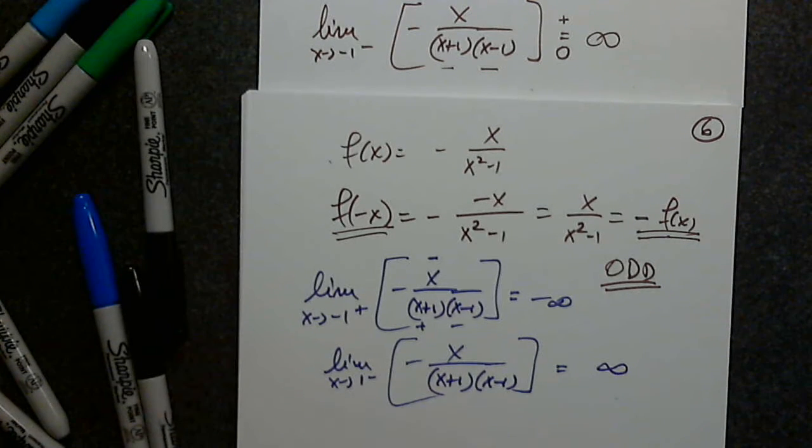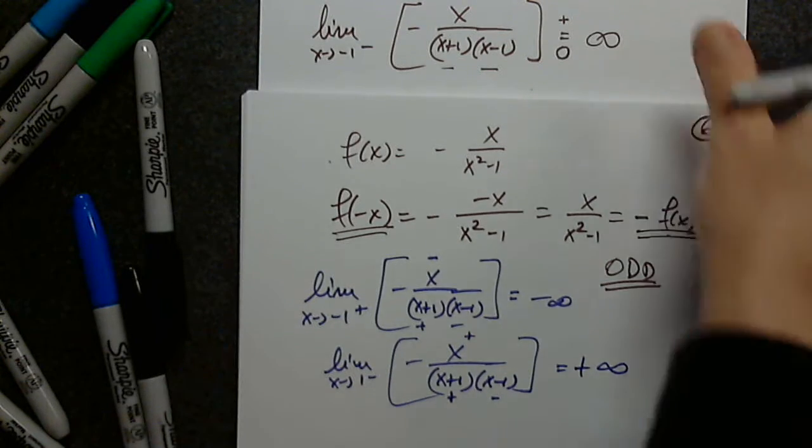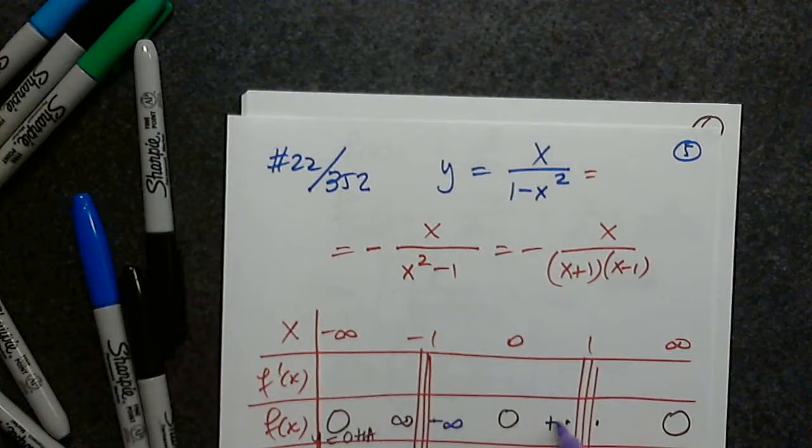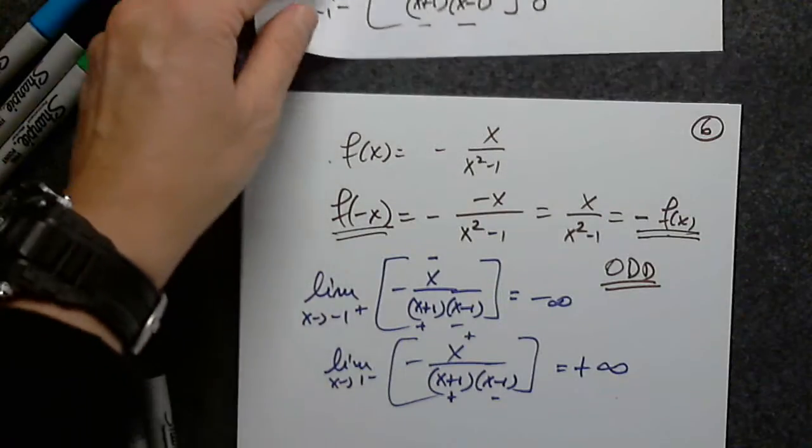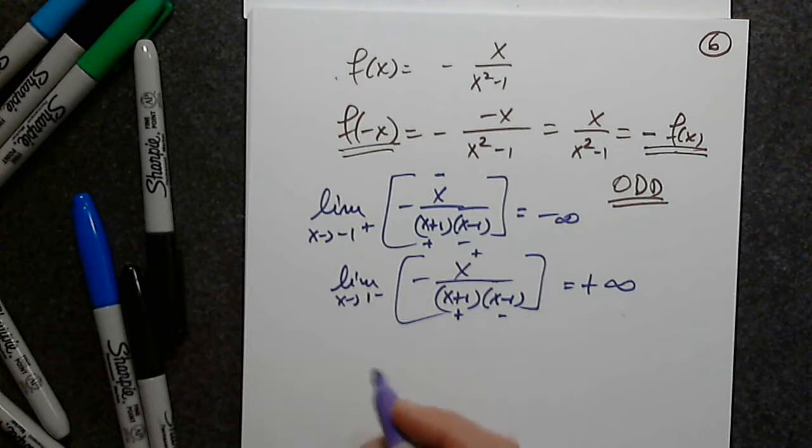One from the left is 0.9: positive, positive, negative, but there is a minus in front. Yes, it is. Indeed, as expected. Otherwise, it would not be symmetric with respect to the origin.